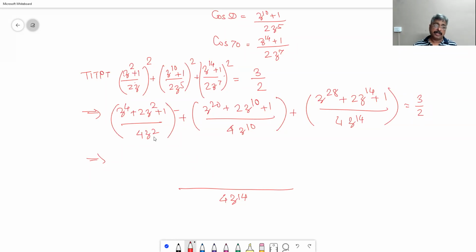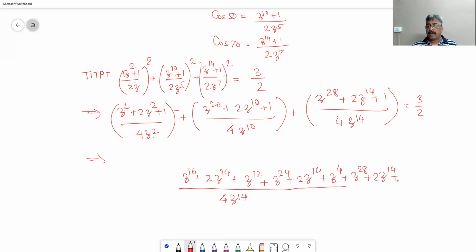Z raised to 12 in the denominator, less here, so z raised to 12, that becomes z raised to 16 plus 2 z raised to 14 plus z raised to 12 plus here we are multiplying by z raised to 4 plus z raised to 24 plus 2z raised to 14 plus z raised to 4 plus z raised to 28 plus 2z raised to 14 plus 1 is equal to 3 by 2.